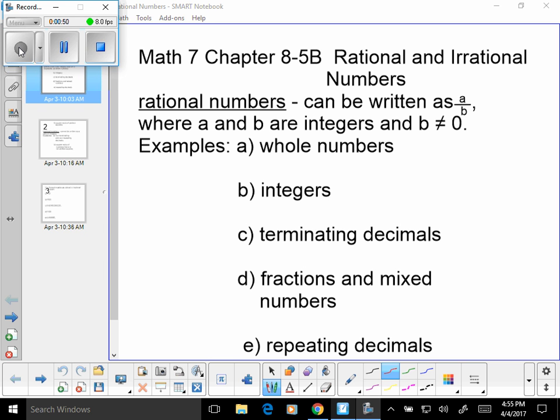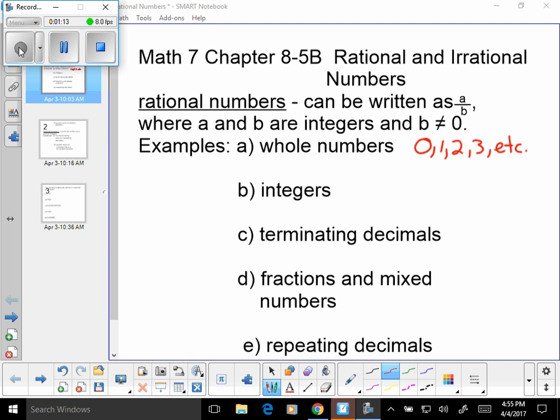What are some examples of rational numbers? We have several. We have whole numbers. Now, these are the numbers that you started working with way back when you first started in school. They're numbers like 0, 1, 2, 3, etc. They're counting type numbers.